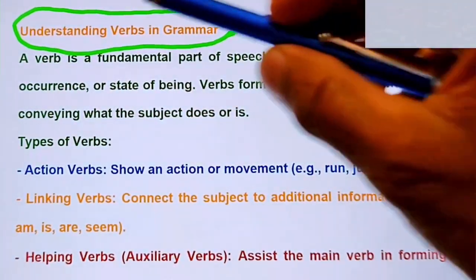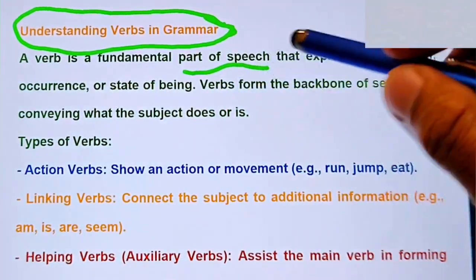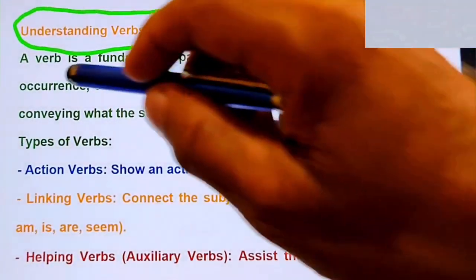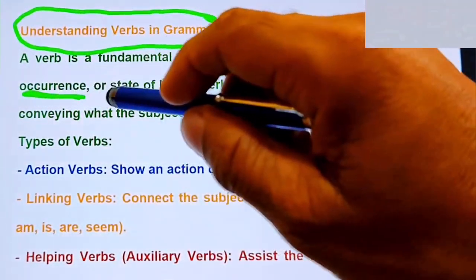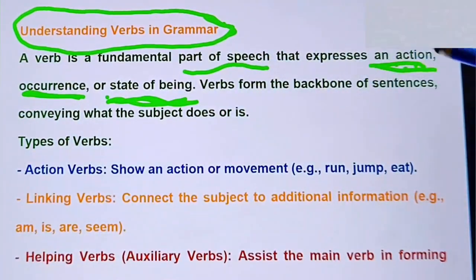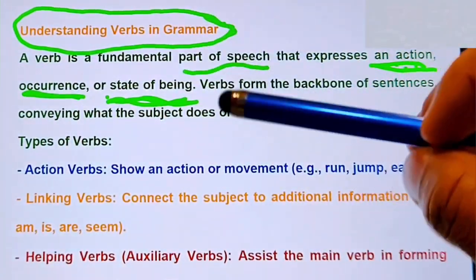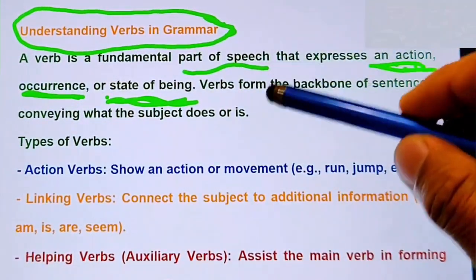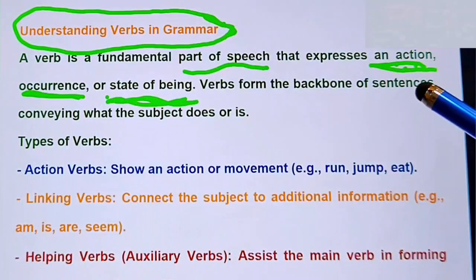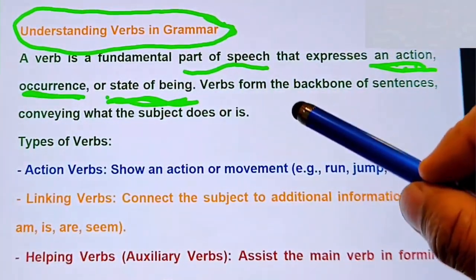A verb is a fundamental part of speech that expresses an action, occurrence, or state of being of the subject, and verbs form the backbone of sentences, conveying what the subject does or is.